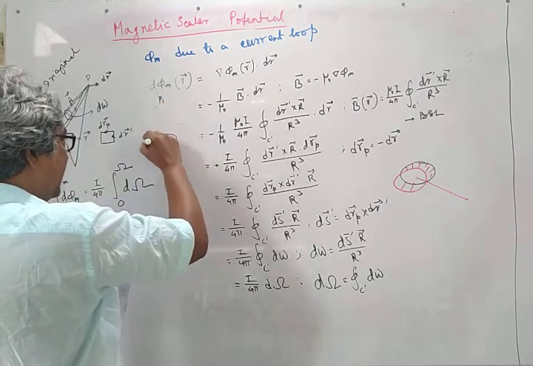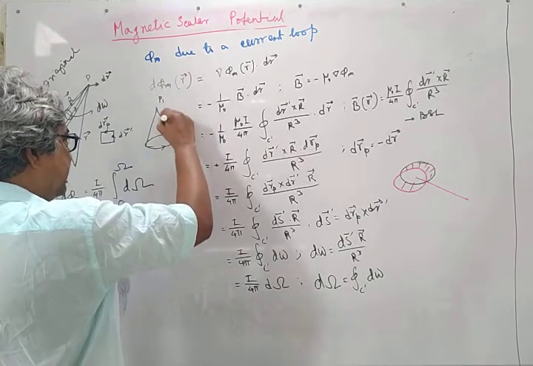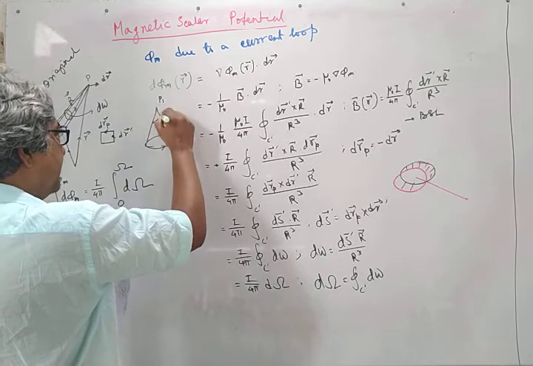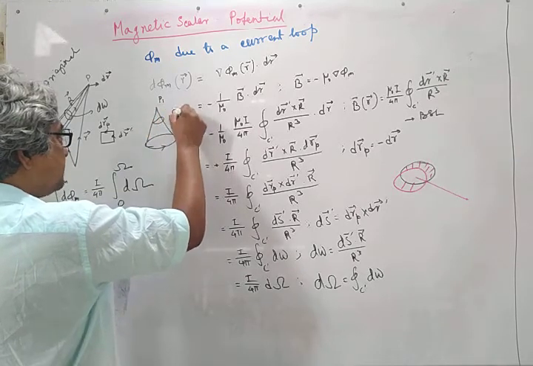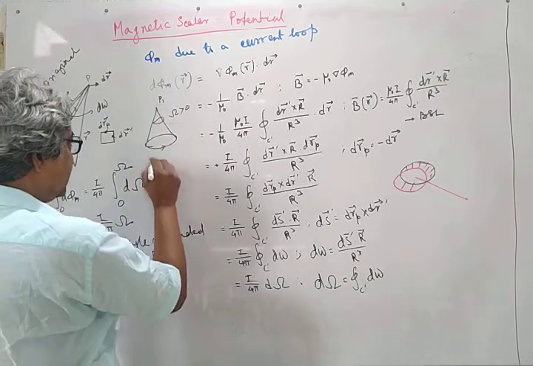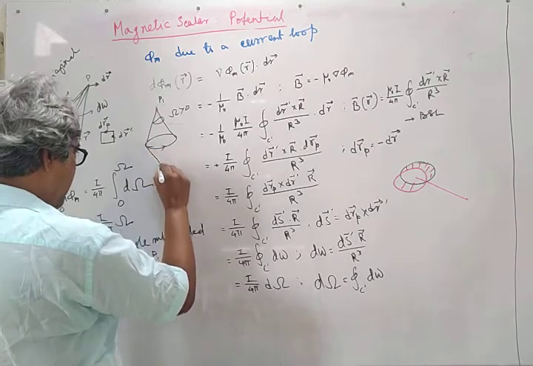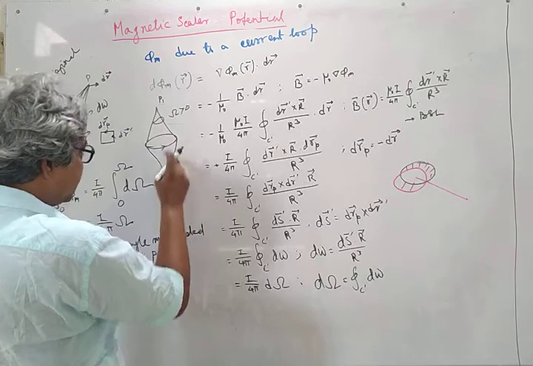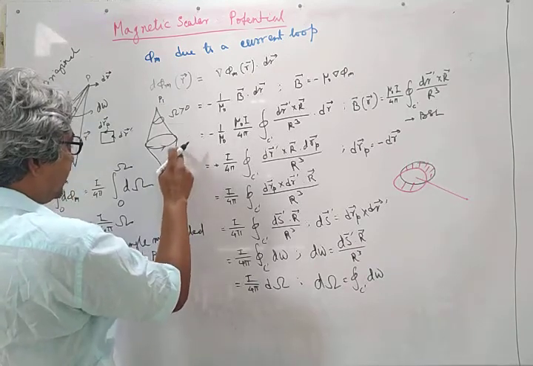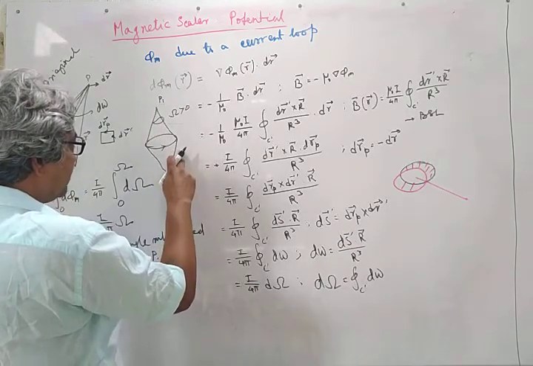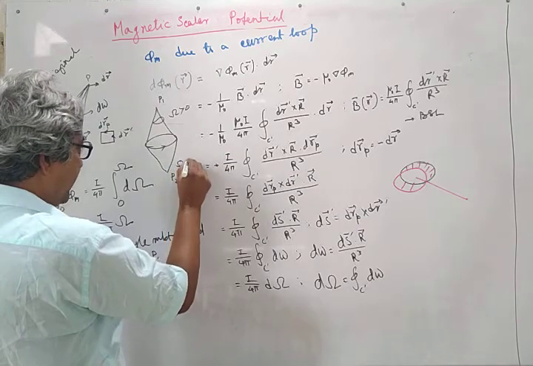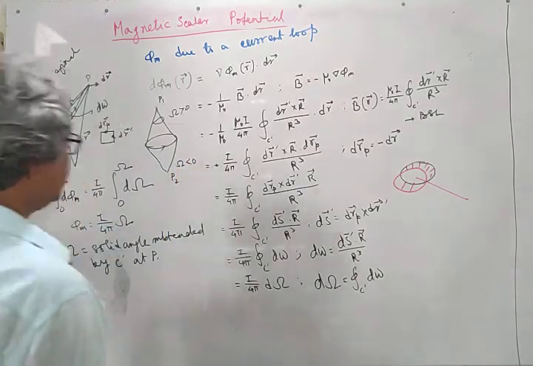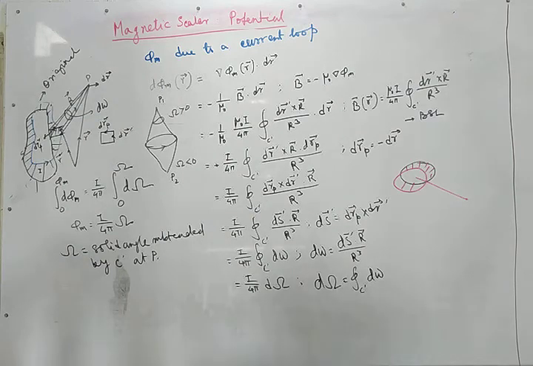So the solid angle subtended by the conductor is positive, omega is positive. If we consider a point P2 below this, from where we look at this, the current is flowing in clockwise direction and omega is negative. This is the convention used.